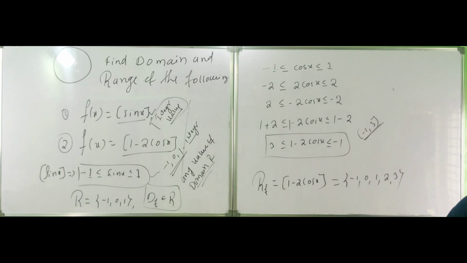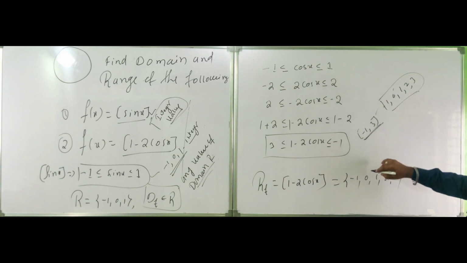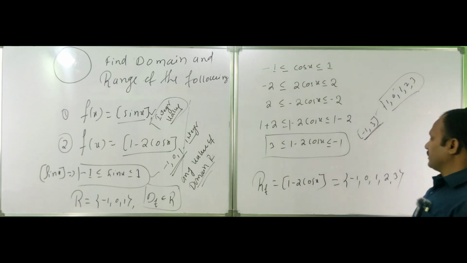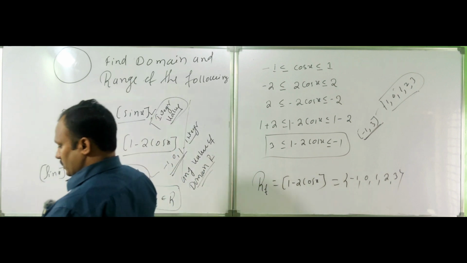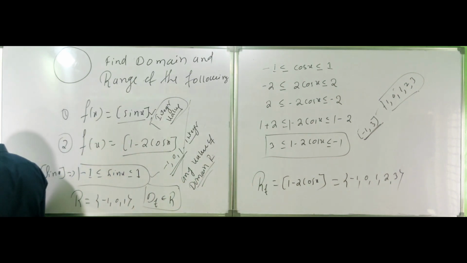The integer values in the range minus 1 to 3 are minus 1, 0, 1, 2, 3.